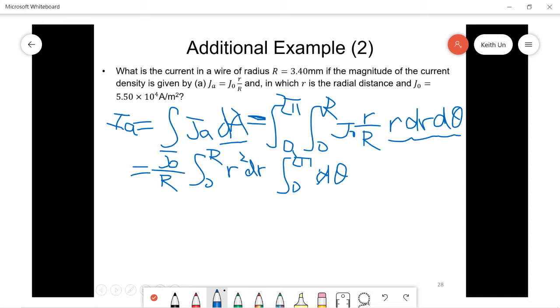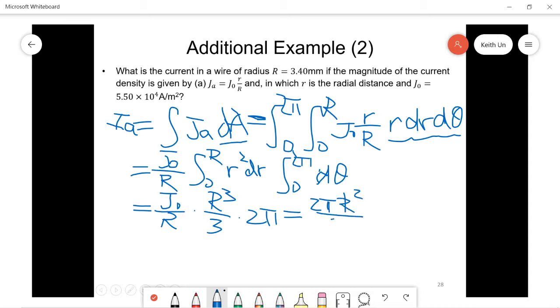And here we have J0 over R, and here we have R cubed over 3, times 2 pi. So this is 2 pi R squared over 3 times J0.